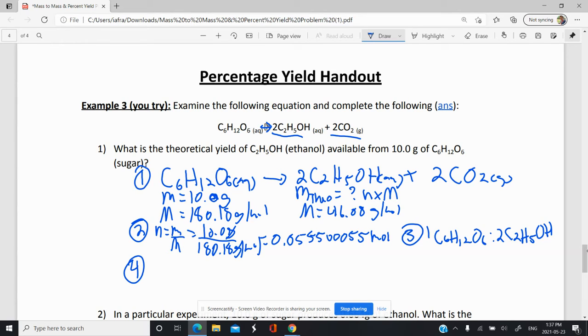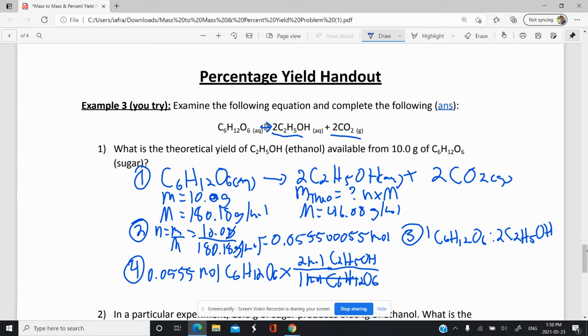So we'll do 0.0555 moles of glucose, C6H12O6, times the ratio, which is 2 moles of ethanol, C2H5OH, over 1 mole of glucose, C6H12O6, because it's a 1-to-2 ratio.